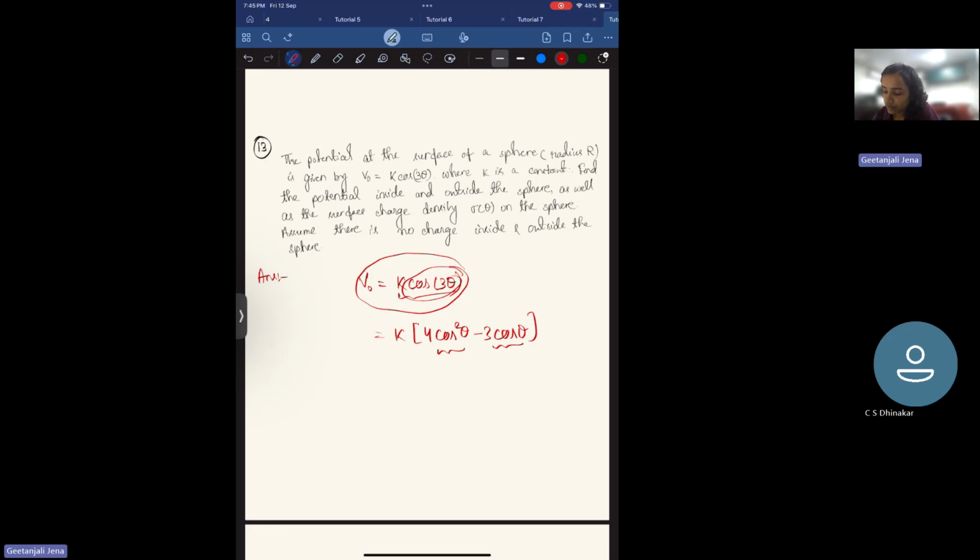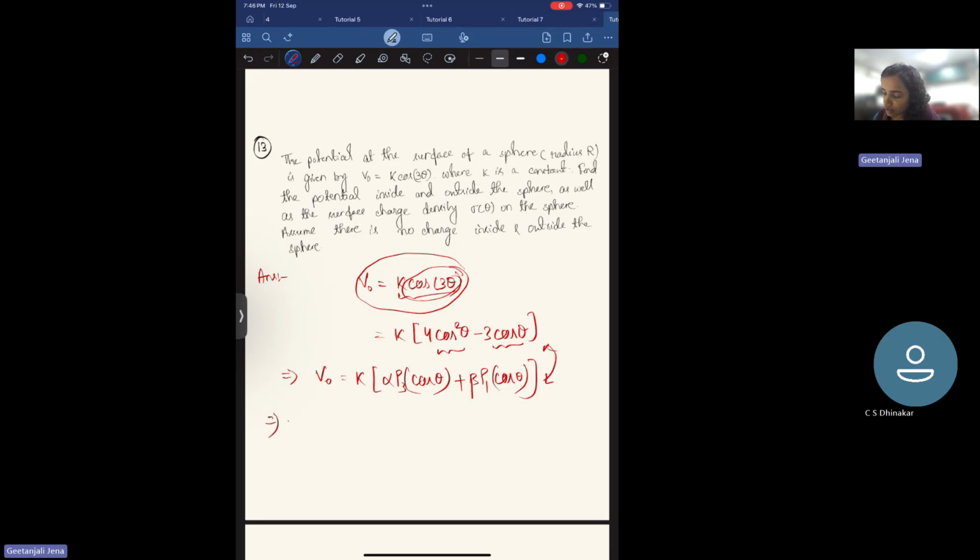So for that, what we can do? Let us say V0 you can write as K times (α P3(cosθ) plus β P1(cosθ)). We don't know α and β for now, but if we equate this, we can get what α and β are.